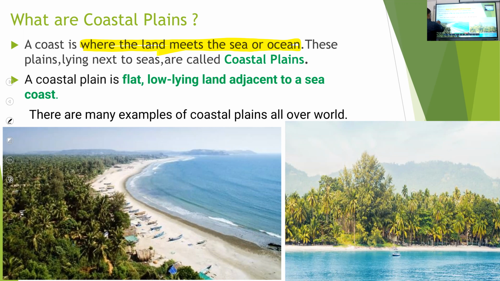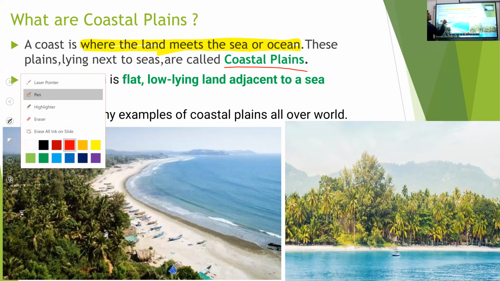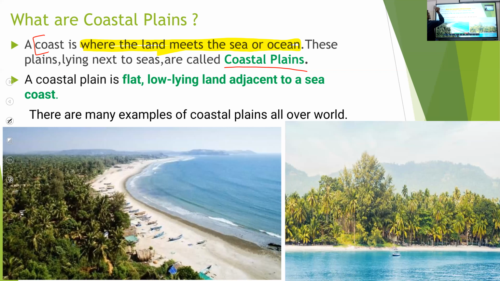Adjacent to the coast, you may be having some flat land or plains-like structure. So that will be called the coastal plain. So what would be the definition of the coastal plains? We have seen what is meant by the coast. A coast is a place where the land meets the sea or the ocean. Adjacent to that, you may be having some plain areas or flat areas that will be called the coastal plains.